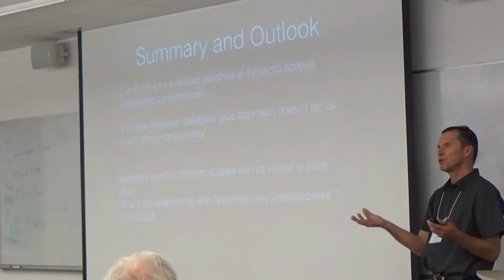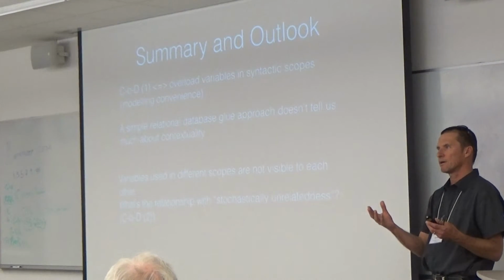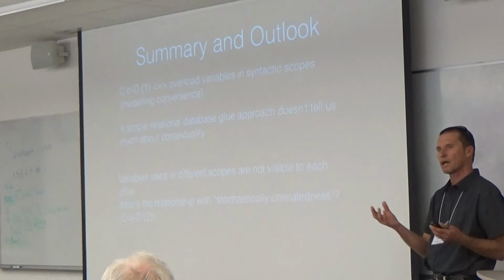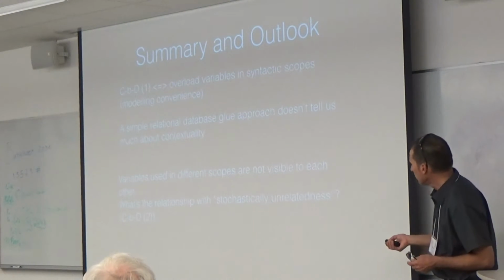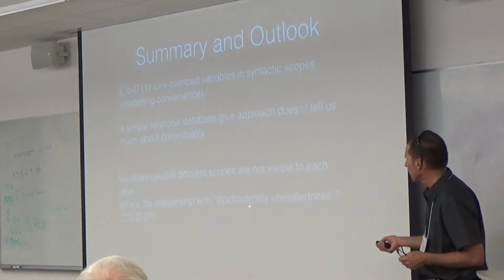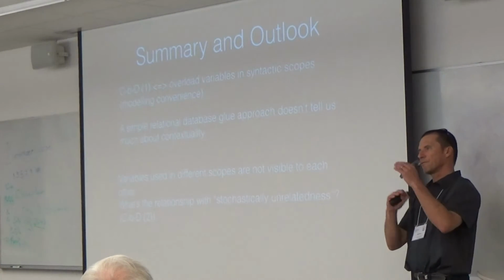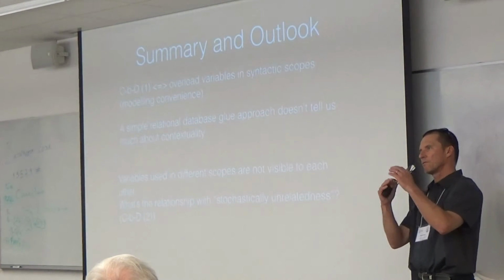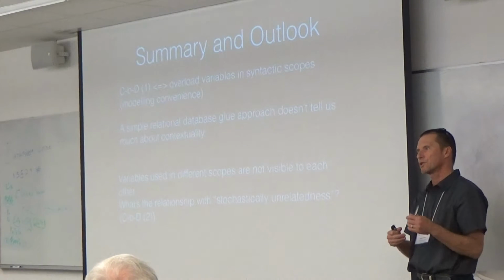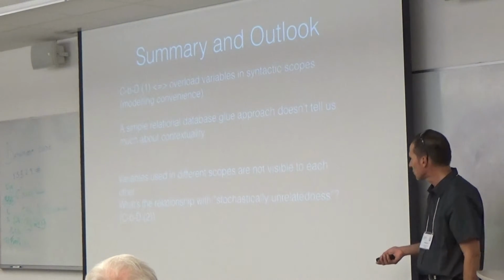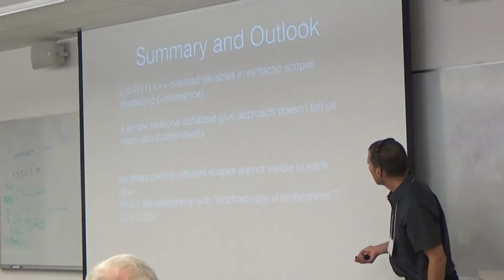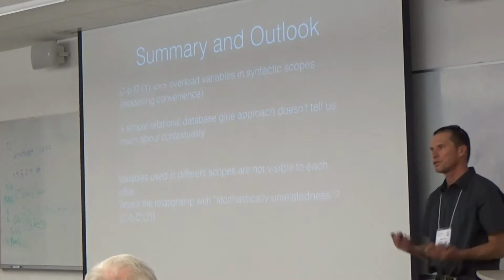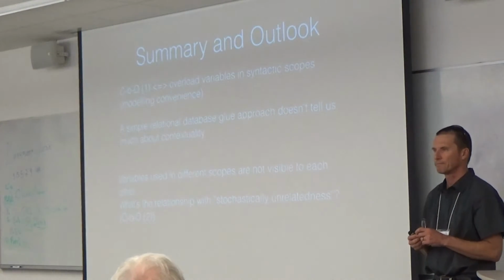So intuitively, this has a similar intuition to stochastic unrelatedness. I think it would be interesting to see how this syntactic definition of scopes, with variables not being visible to each other across scopes, relates to stochastic unrelatedness. And that's it. Thank you for your attention.